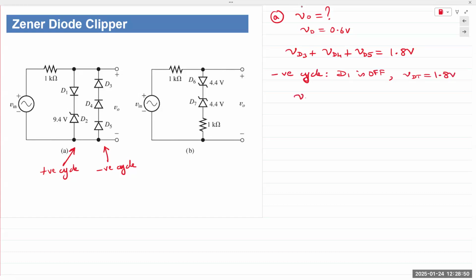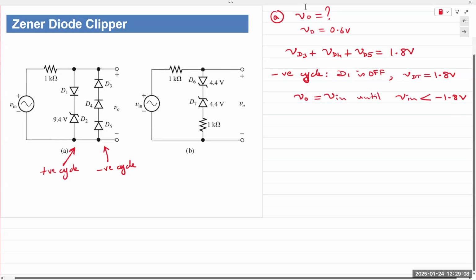So V out is equal to V in until V in is less than minus 1.8 volts. Minus means simply in the negative half cycle.